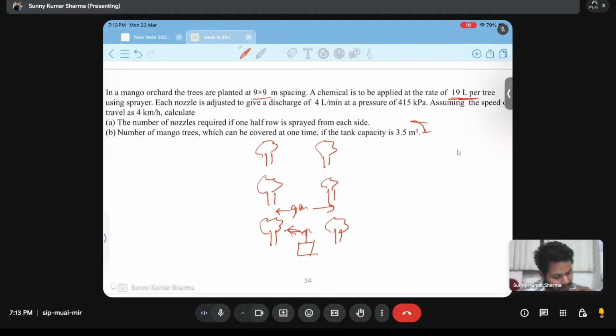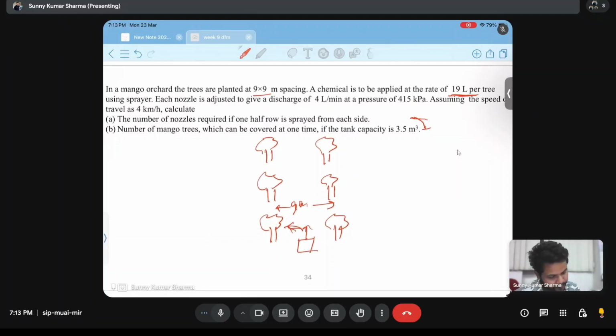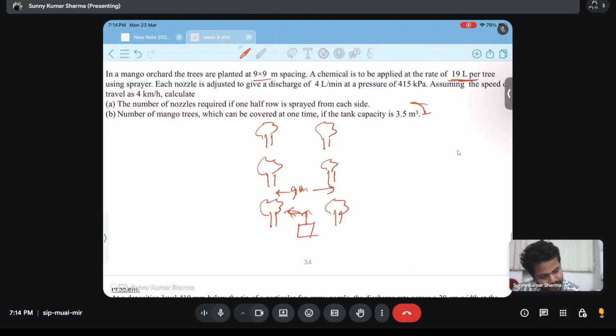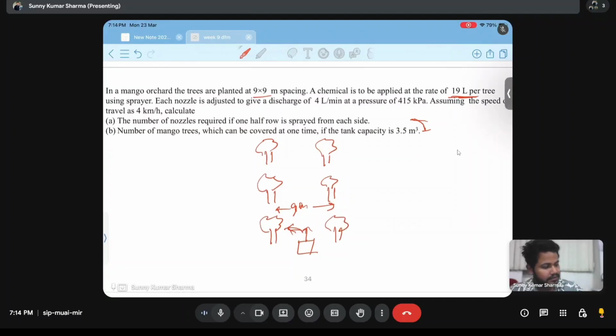So you are telling that in the lecture it is 19 liter by 2. It should be 19 liter only, not 19 by 2. Okay, I'll see that lecture and I will solve this question in the next class.